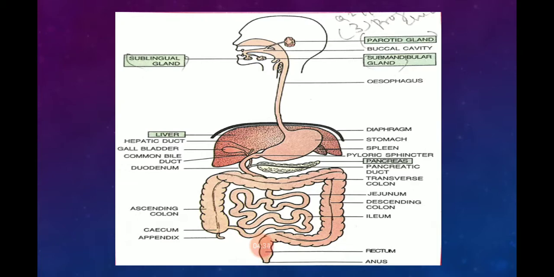The liver helps in storage of extra glucose, that is carbohydrate, which will not be used by the body, and stores it in the form of glycogen inside it. Also, the liver helps in production of bile juice which helps in emulsification, that is solubilizing or dissolving the fat material. This fat material only after getting emulsified can be digested by the digestive system or this alimentary canal digestive tract.